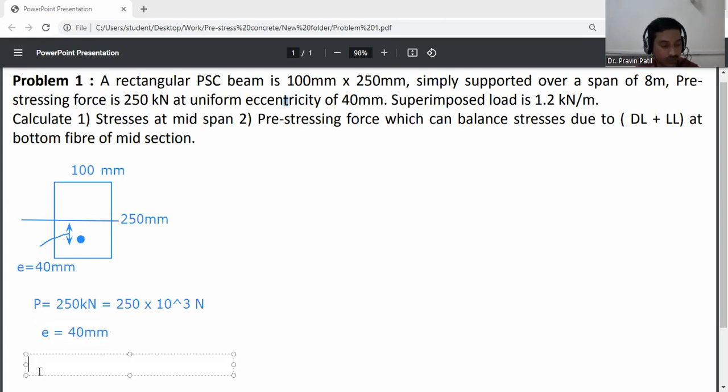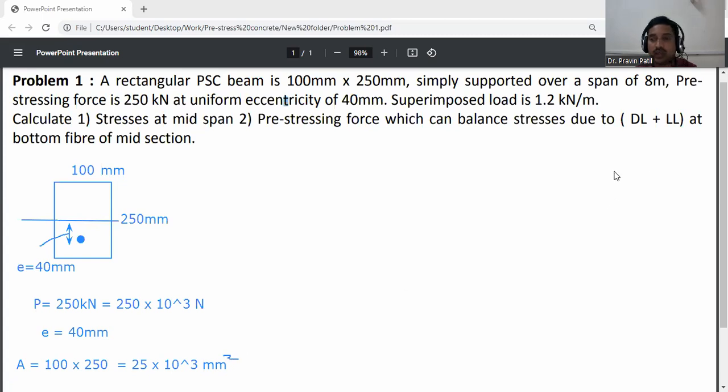The section of the beam is given as 100 into 250 mm. So 100 into 250 gives 25 into 10 raised to the power 3 mm square. This one is the cross section of the beam.